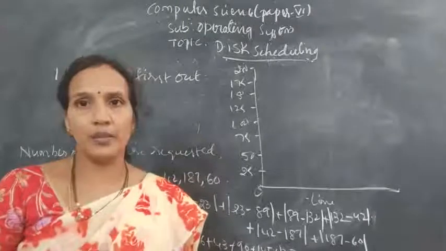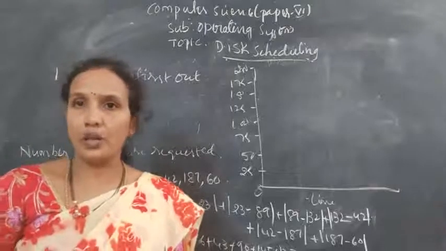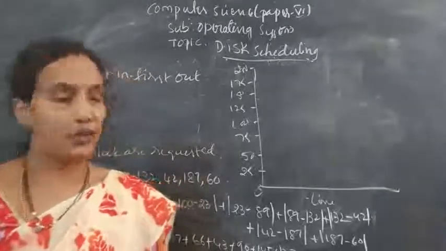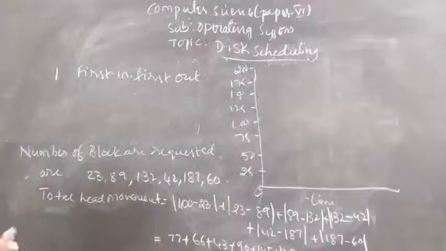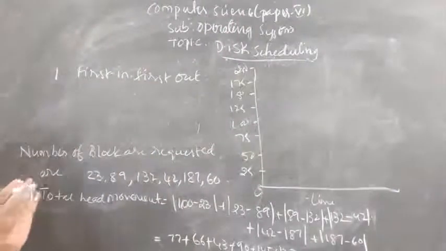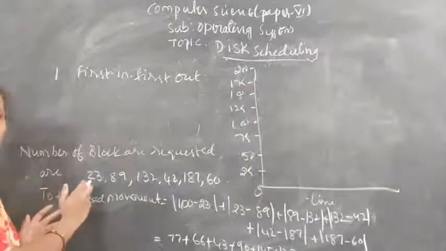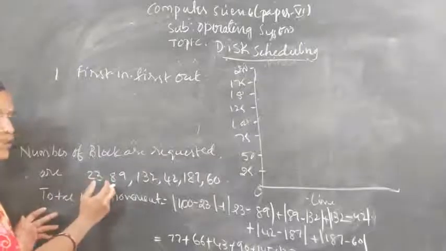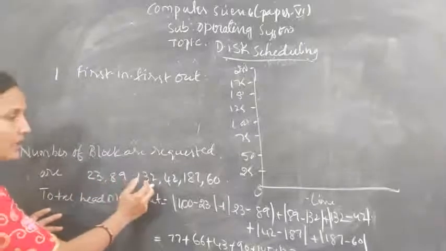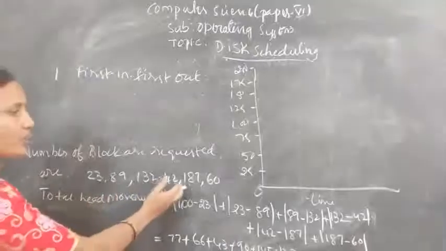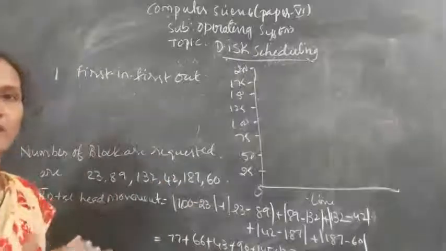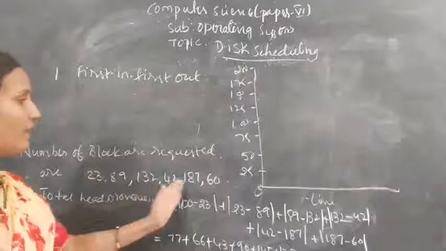The service time is increased, but the throughput will be decreased. How will throughput be decreased? I will tell you. Here there are a number of tracks. One user is requesting the 23rd track, one user 89, the next 132, then 42, 187, and 60. Different users want content from different tracks.